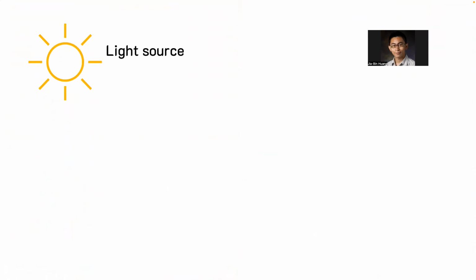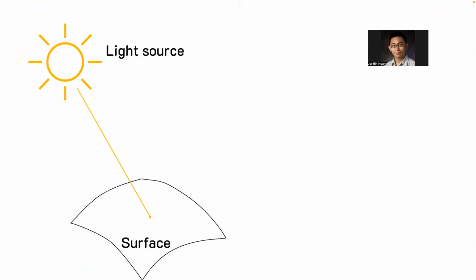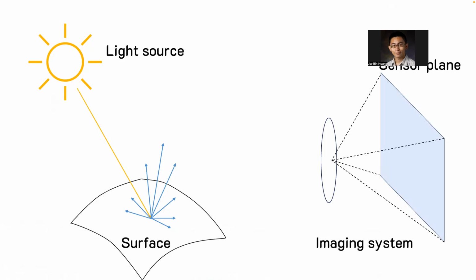You have a light source, maybe outside or indoors. The light source emits light rays, and the light rays hit some surface, for example the tabletop, the wall, or our skin, and that surface scatters the light. The light reflects and bounces from the surface, scattered through the environment, and some of the light is captured by an imaging system. And then you get a pixel intensity there.